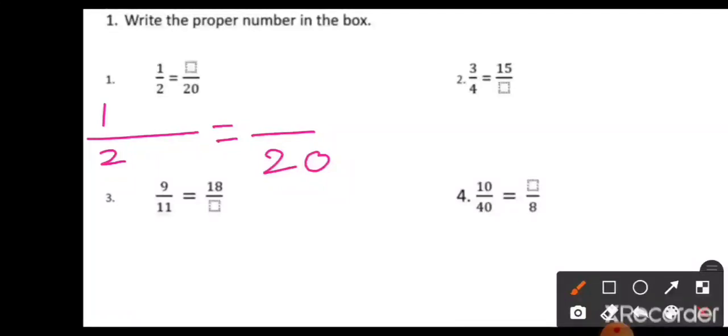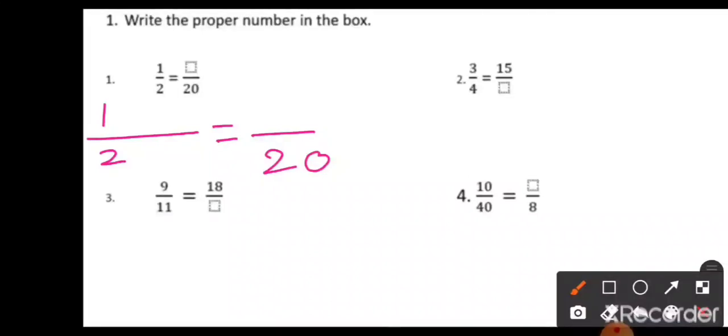We need to find out the numerator. See, in the question the fraction is smaller, 1 upon 2, and in the answer the numbers are bigger. So from smaller number to bigger number we need to use multiplication.